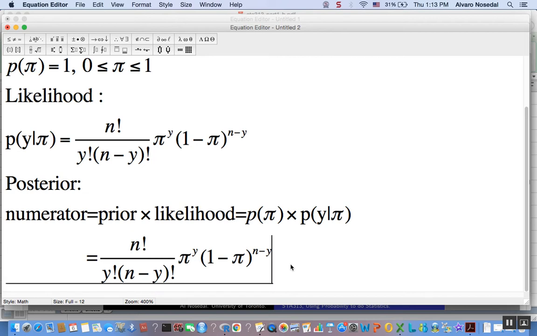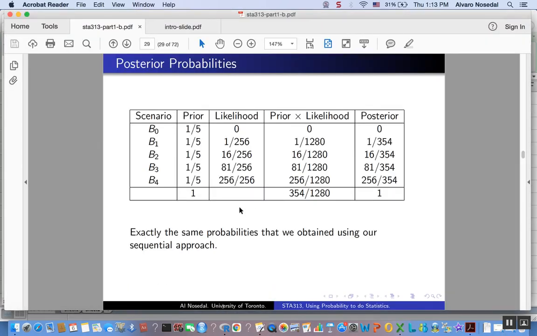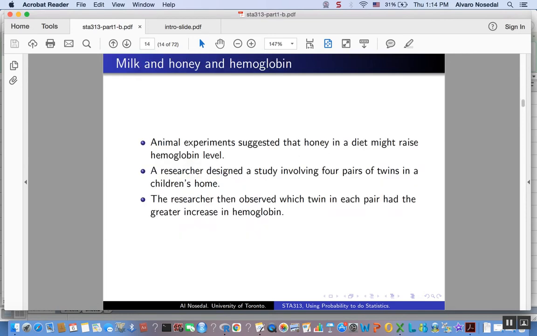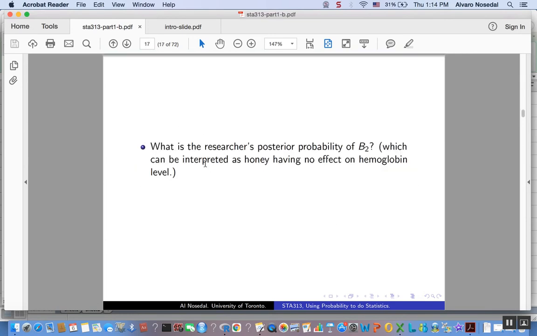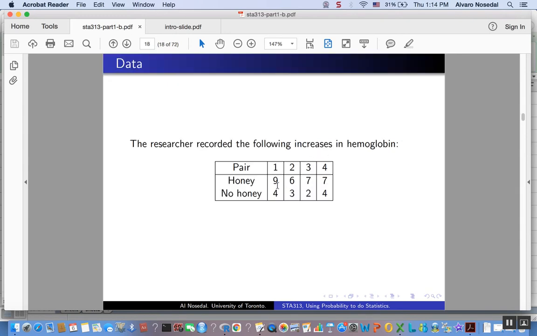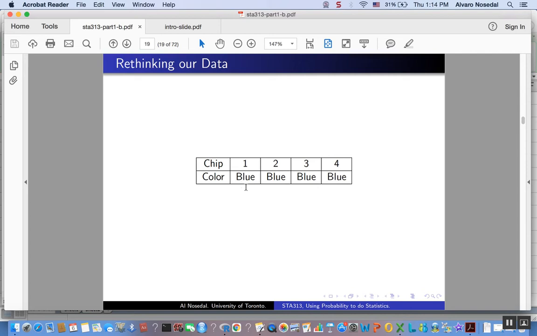So that's our numerator. In our particular case, let me go back to the data that we had when we thought about it in terms of a proportion of blue chips.